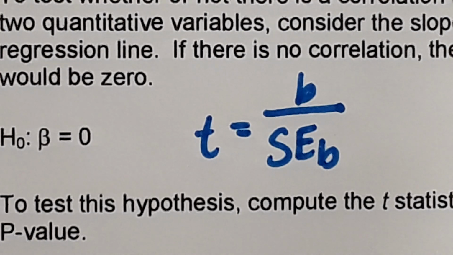That's the only one that is n minus 2. Everything else is n minus 1. It's a little bit different when we have the chi-square test of independence. But for a least squares regression line, the degrees of freedom are n minus 2. Okay? Go ahead, back up.